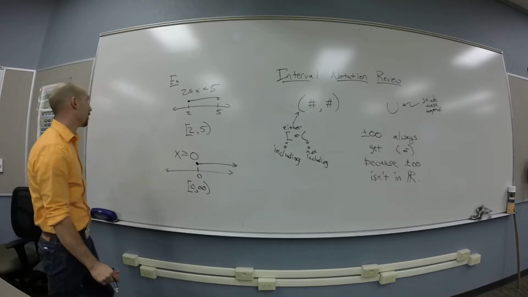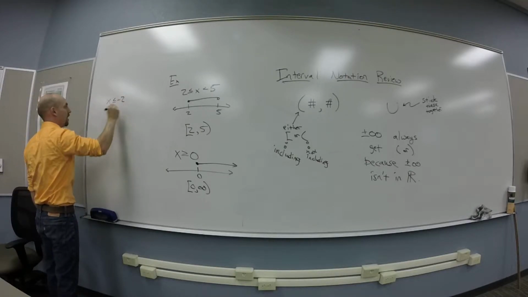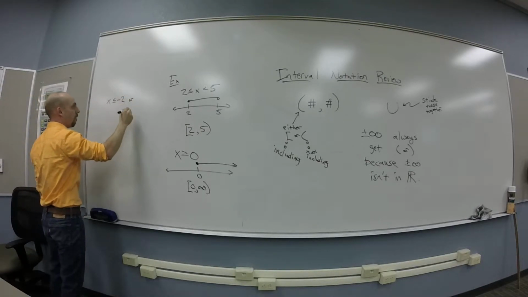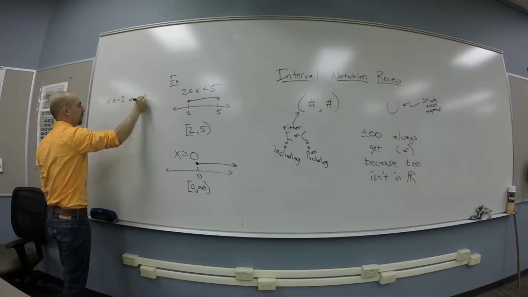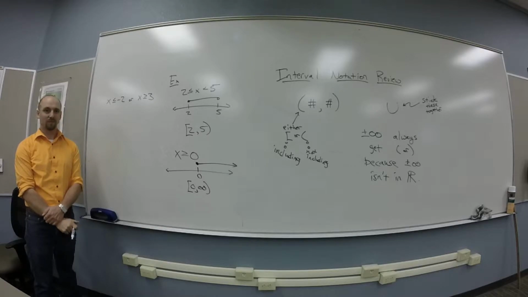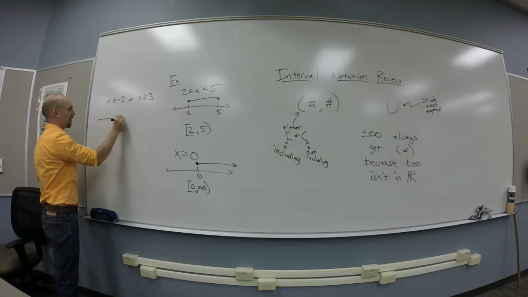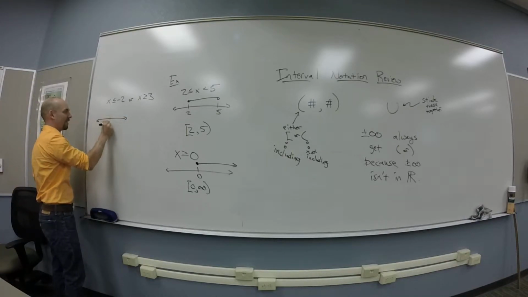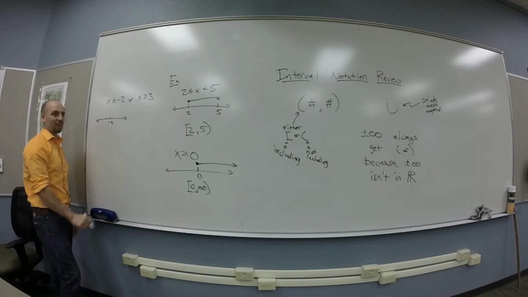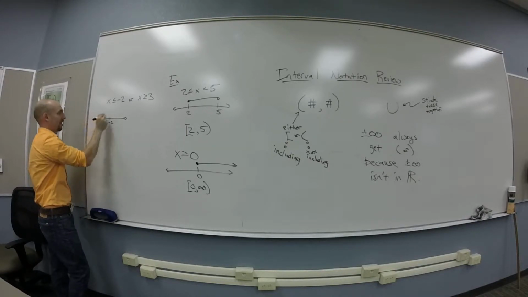Okay, so if I wanted to write, say, x is smaller than negative 2, or x is bigger than or equal to 3, how do I write this? You get two different intervals. I might draw this one: it looks like negative 2 and goes left.